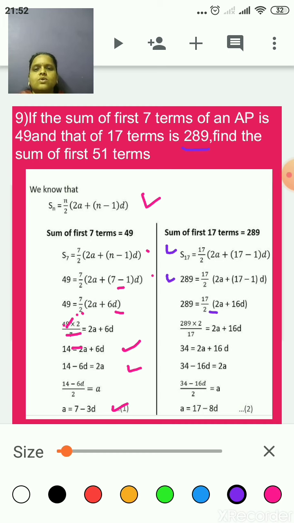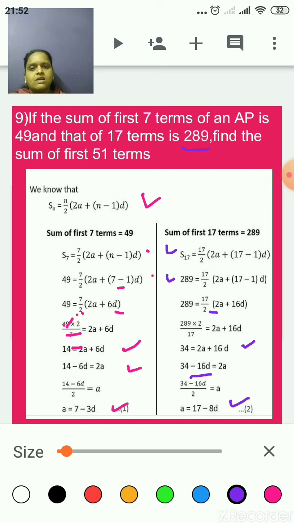Then 289 into 2 by 17, cancel it and simplify it as 34 equal to 2a plus 16d. 34 minus 16d is equal to 2a. Simplified, you will get the second step here as a equal to 17 minus 8d.